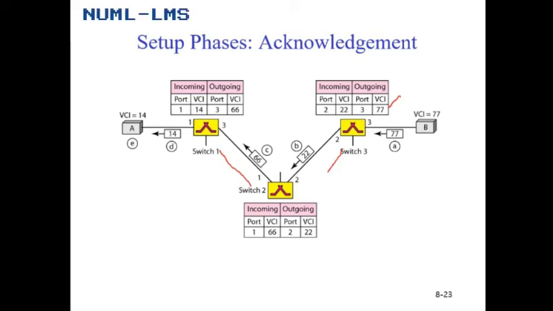Switch 1 uses this as the outgoing VCI in the table. Finally, switch 1 sends an acknowledgement to source A that contains its incoming VCI in the table chosen in the previous step. So this one. The source uses this as the outgoing VCI for the data frames to be sent to destination B. So that's how this whole table completes.